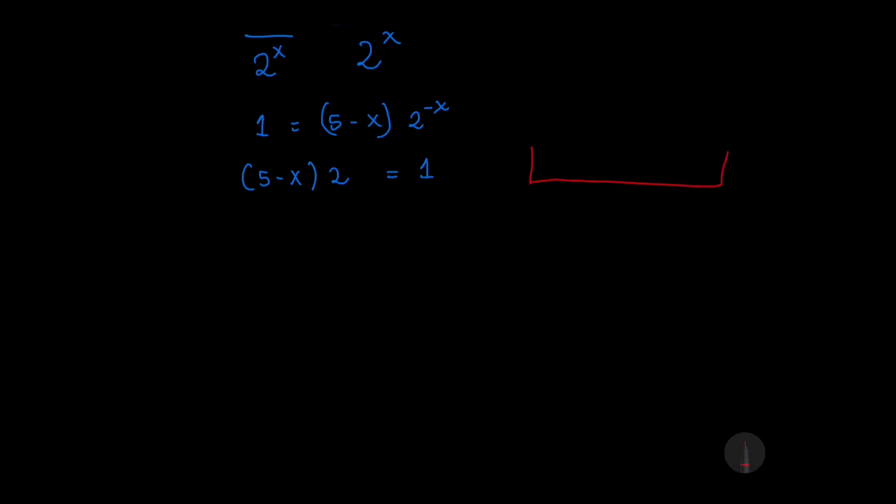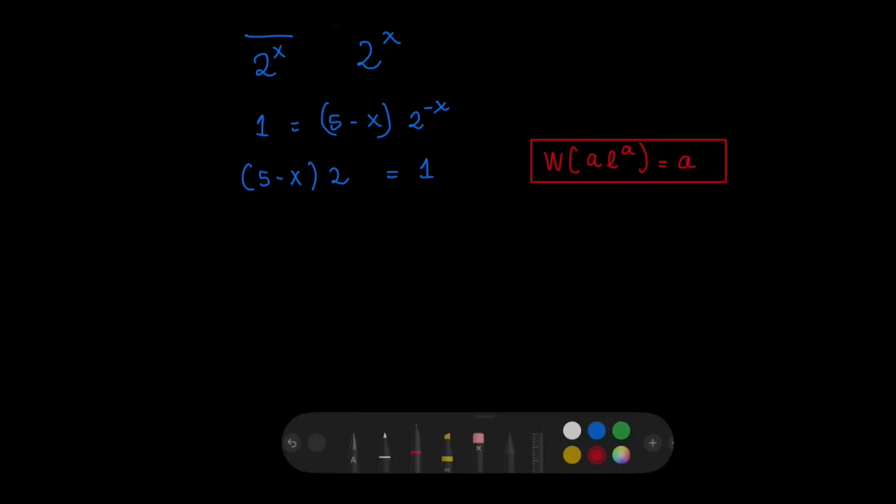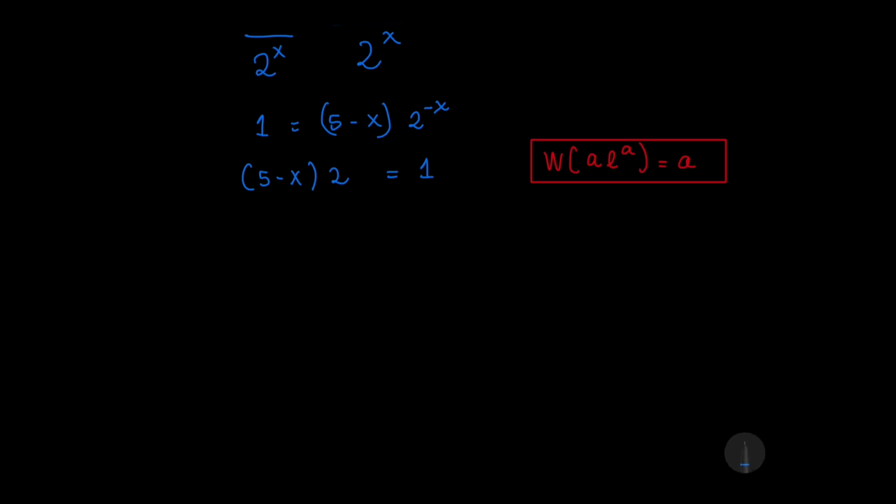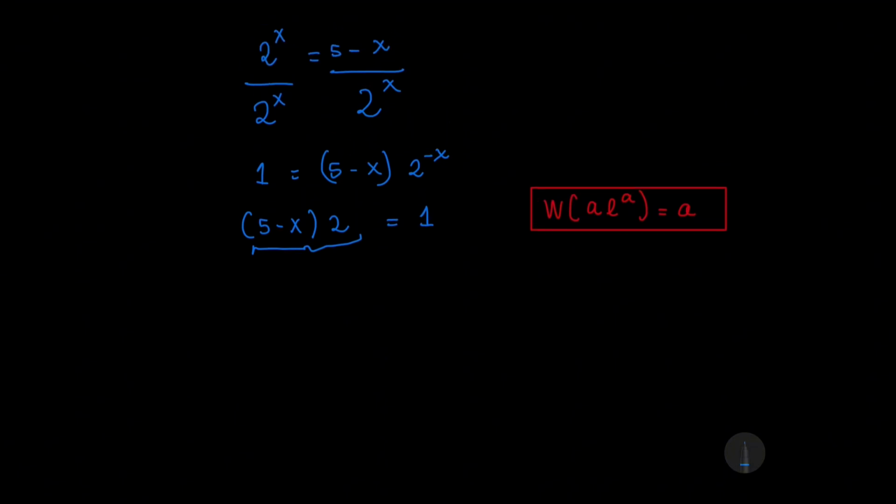Recall that if we have the Lambert function of a, where a can be any number, and e to the power a, this is just a, we keep a. So in order to use this here, we have to make the exponent of minus x be equal to 5 minus x.